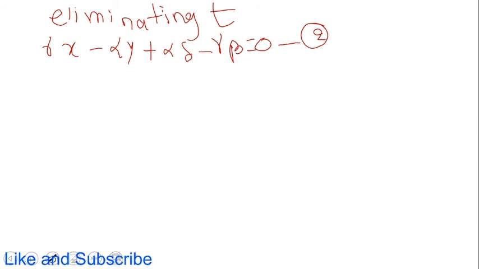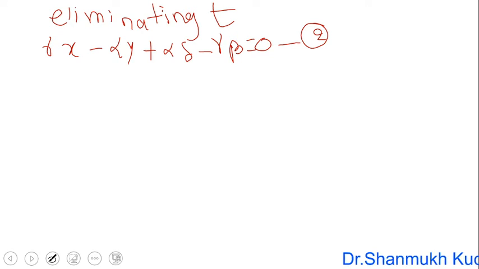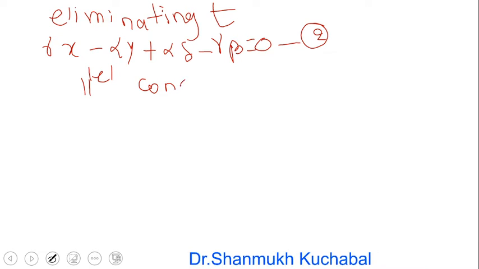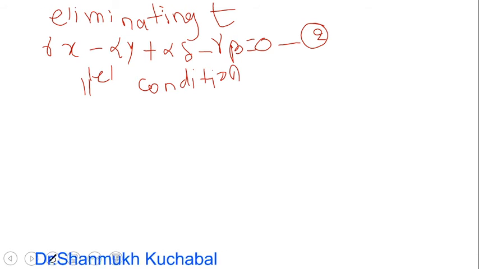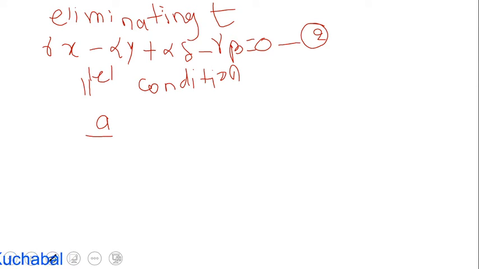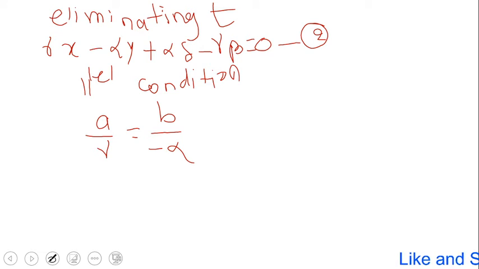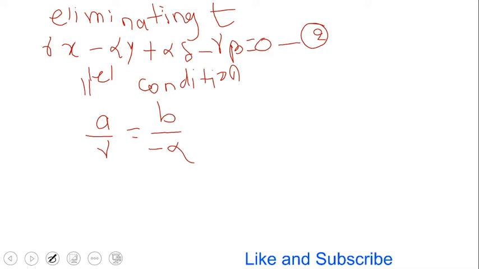Now we will apply the parallel condition. In the last class, we discussed the parallel and perpendicular conditions. So using that, we will now use the parallel condition. The parallel condition is a divided by gamma equal to b divided by minus alpha here. So like this we have to apply the parallel condition, that is, x coefficient divided by x coefficient.